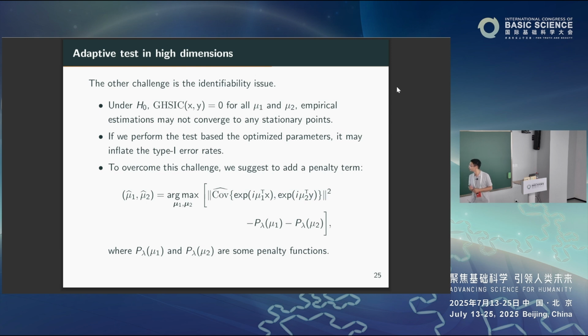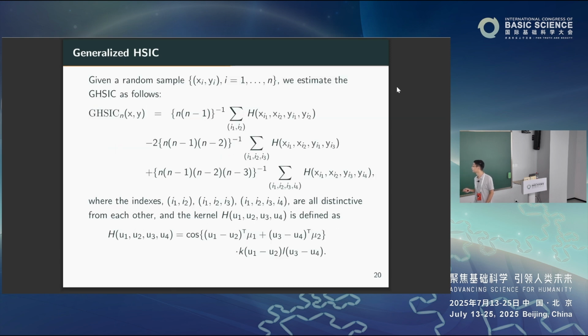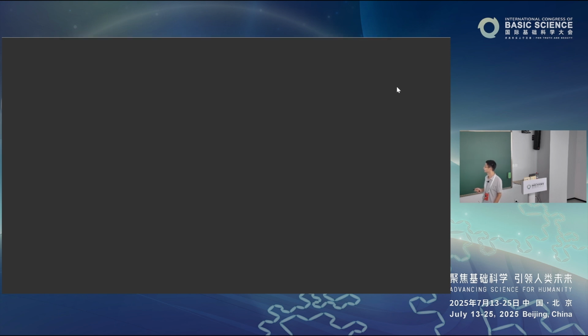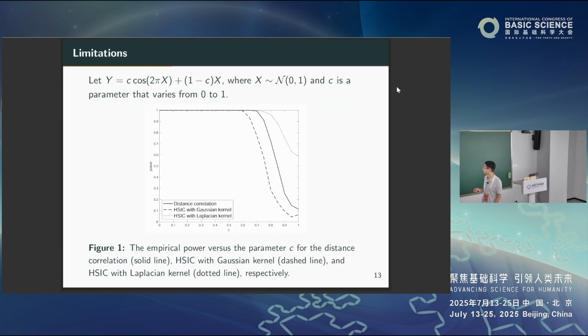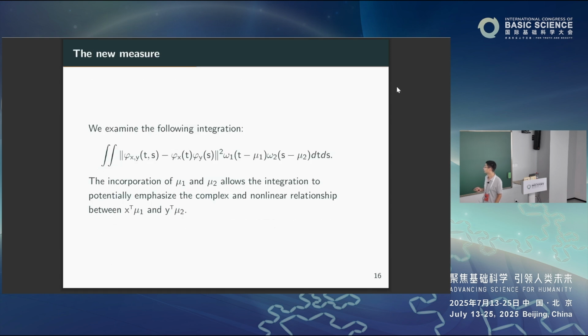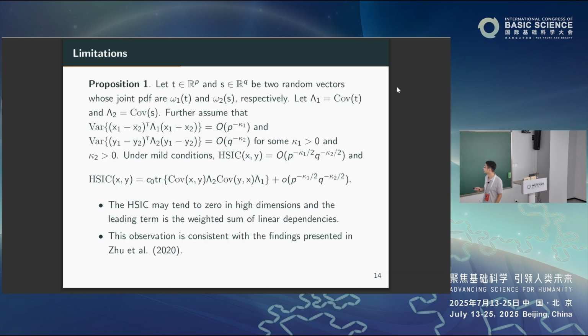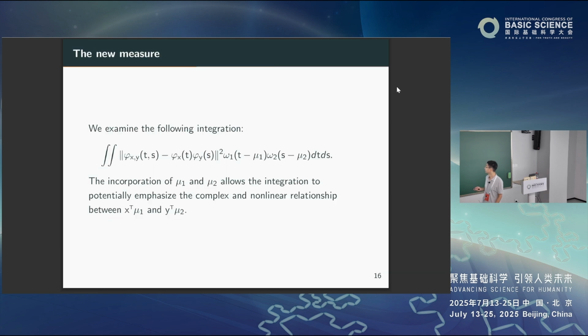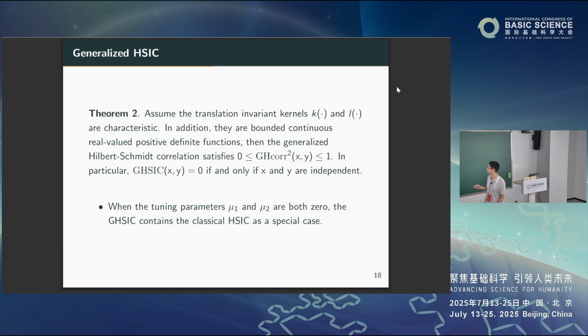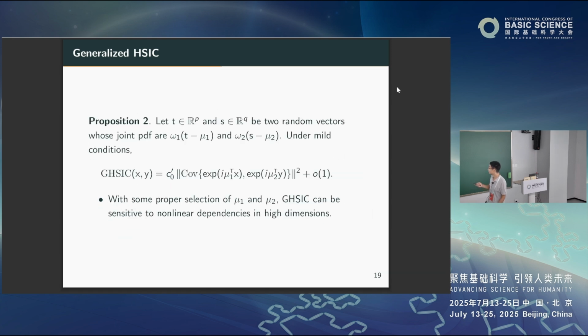You said that you add parameters mu1 and mu2 to deal with the nonlinear dependency through the exponential function. Can this deal with other kinds of nonlinear dependencies? Yeah, in this expansion, there is an imaginary component, so this is essentially cosine and sine.